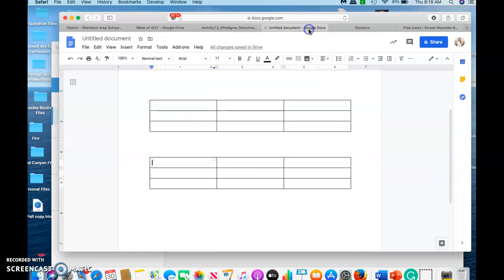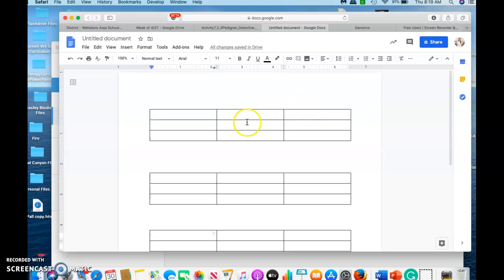So now we want to know what's Zeke's genotype. What I've done here is created a handful of Punnett squares that I'm going to use to recreate the matings in this pedigree.